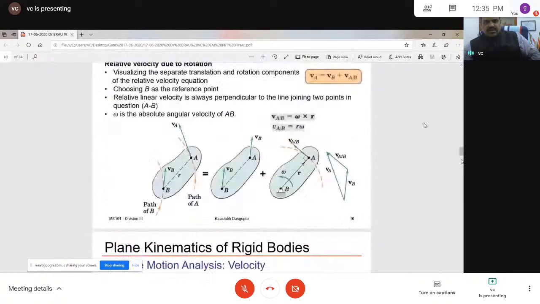It can be a combination of translation and rotation equations. For plane motion also, the concept is given. Yesterday we also discussed the relative velocity method, but in detail about plane motion we will discuss later. That means today we have considered the dynamics of a rigid body in translation, in rotation, and in plane motion.